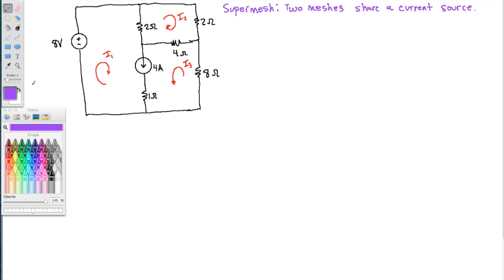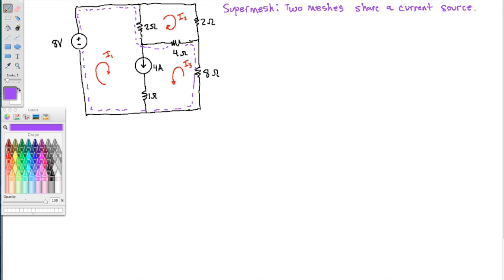Okay, so which meshes here share a current source? Yeah, 1 and 3, right? So they're going to be combined into this thing. Okay, so there's our super mesh.